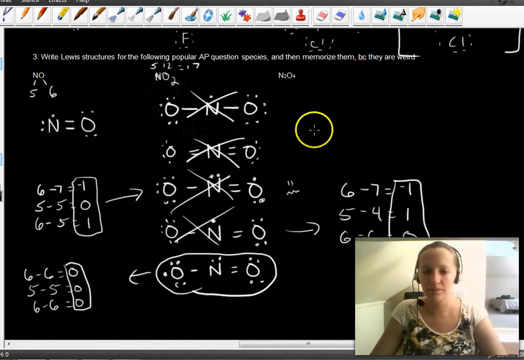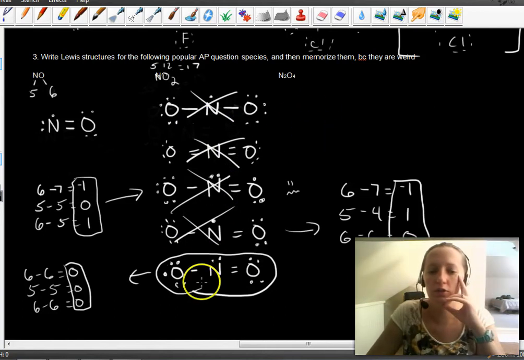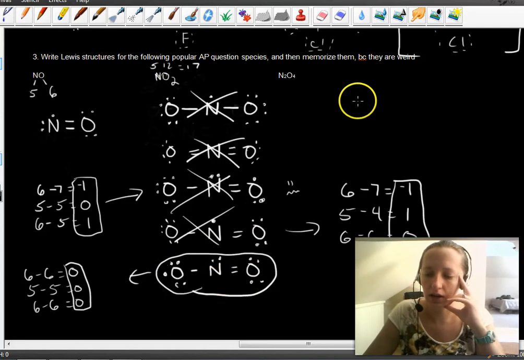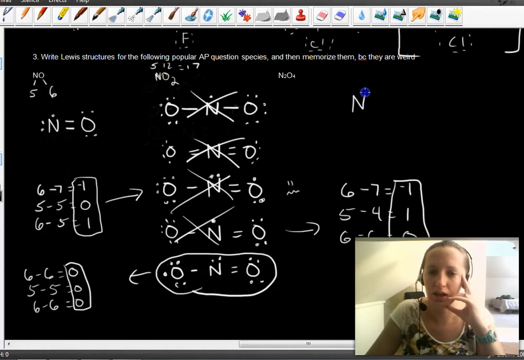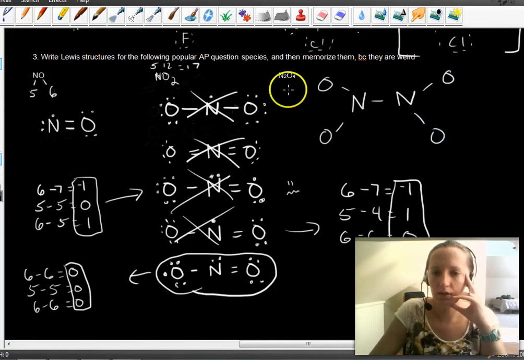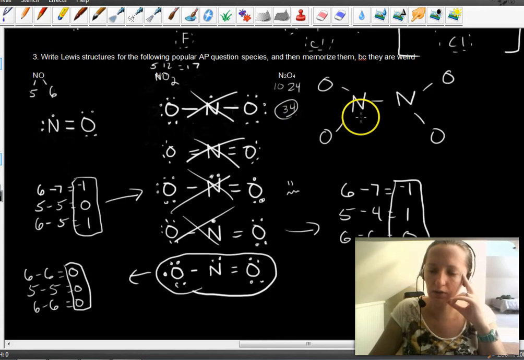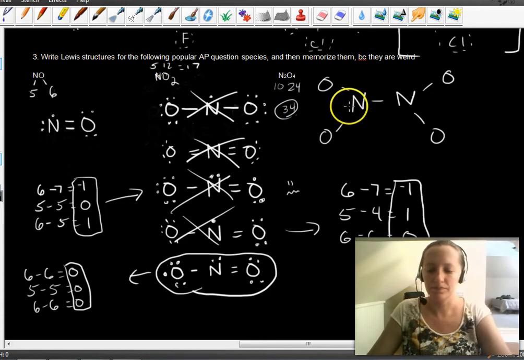All right. Now, N2O4 comes from the joining of 2 of these guys, and what you end up with is N's in the middle, and with at least 1 bond each to their oxygens. And that's 10 and 6 times 4 is 24, so 34 total valence electrons that we have to account for.